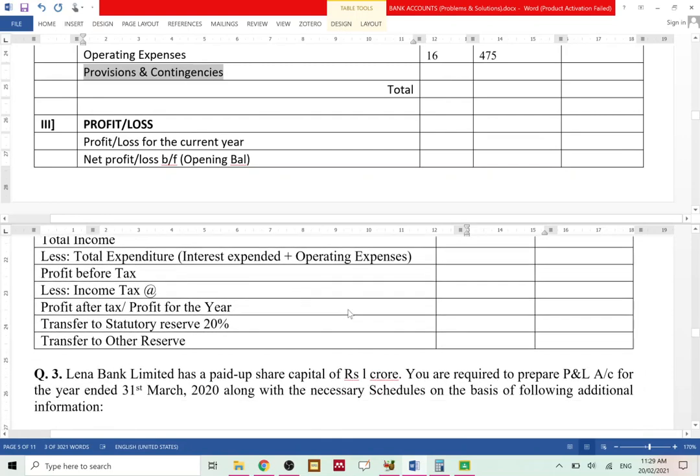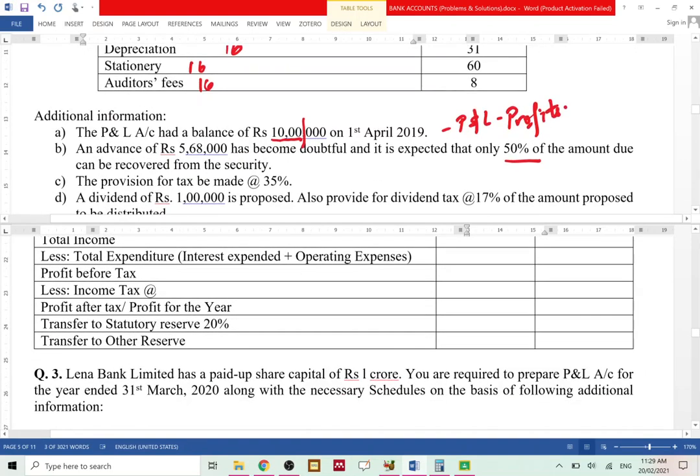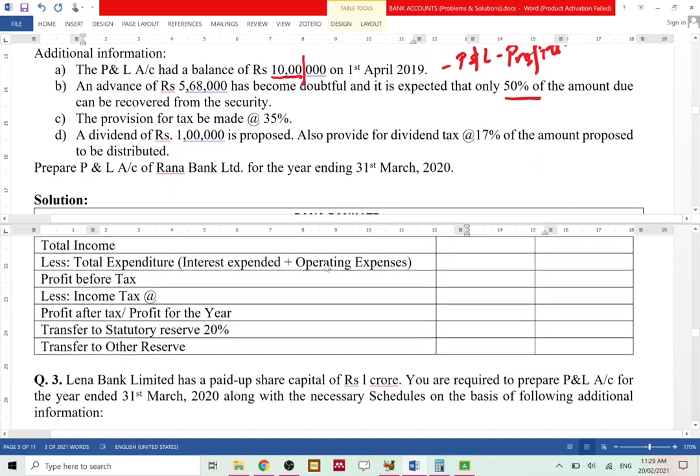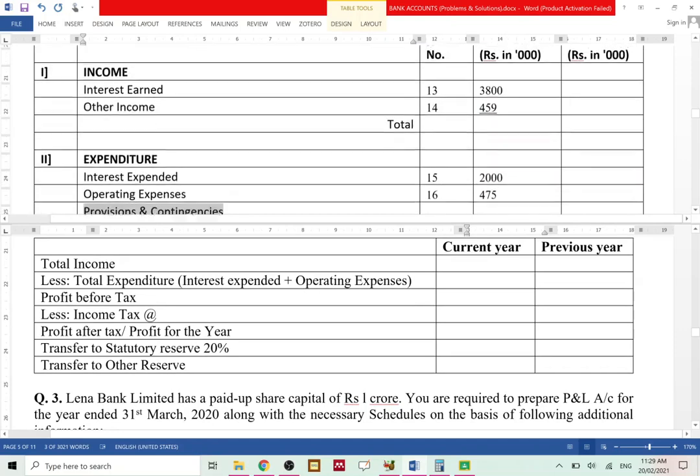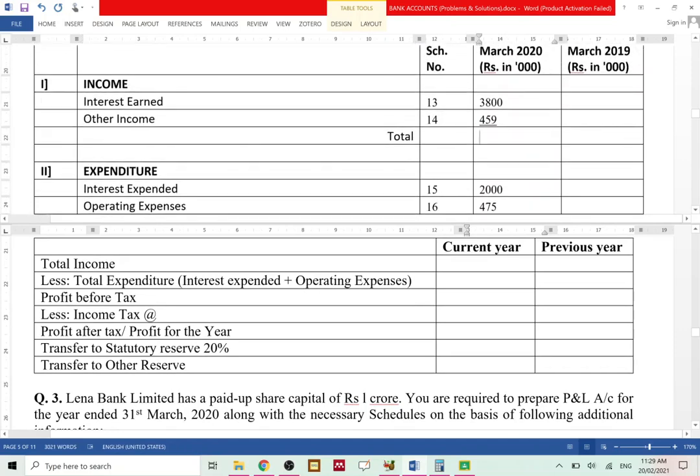Okay, so let's see what provisions we are supposed to make in this particular problem. First, let's take the total income. We already have the total income because nothing else remains to be added. So total income 3,800 plus 459 would be 4,259. Okay, so one total we already have.